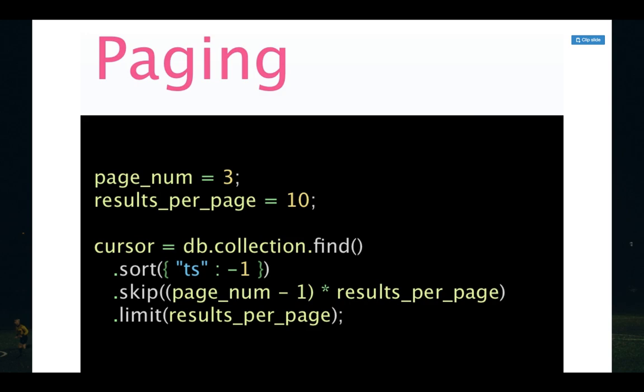So we can use a MongoDB cursor for this: db.collection.find, sort by timestamp, which we have given -1, dot skip page number -1 into results per page, dot limit results per page.